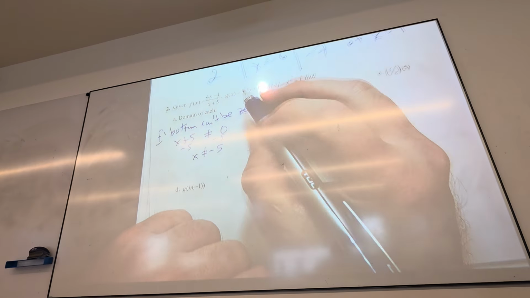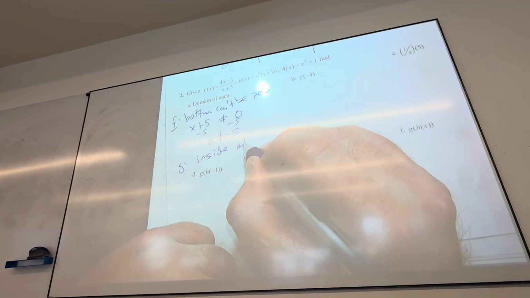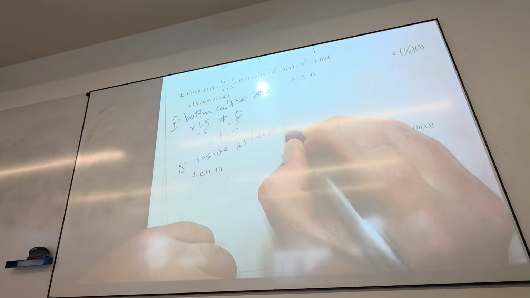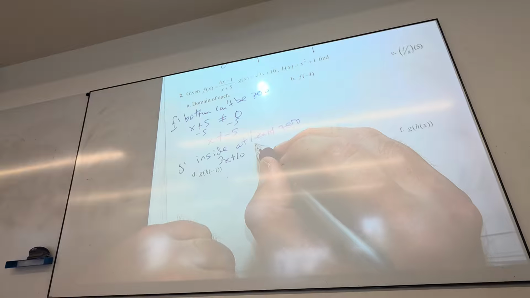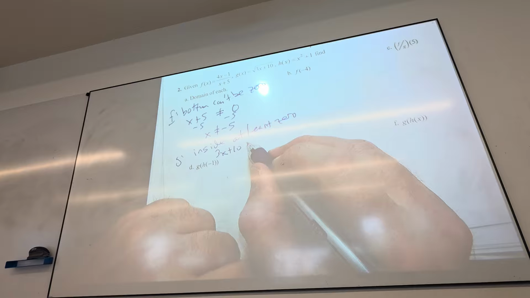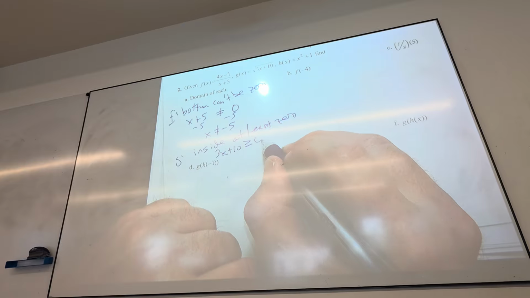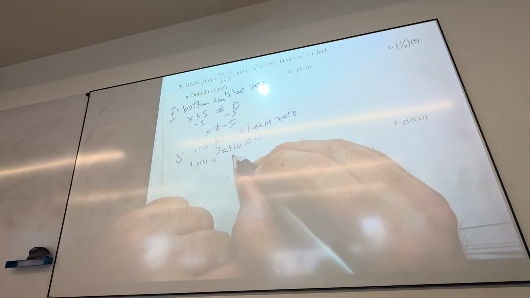So for g, in English I would say inside at least 0. What is the inside? 3x plus 10. How do I write at least in math? Greater than or equal to 0. How do I solve that?